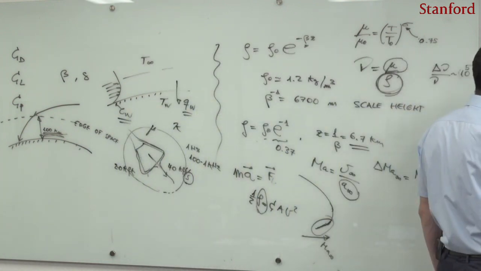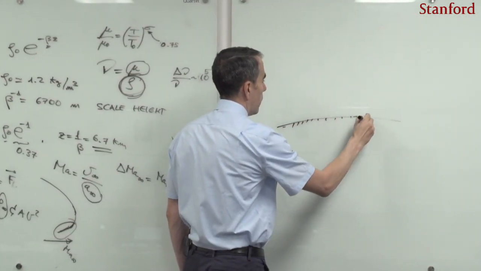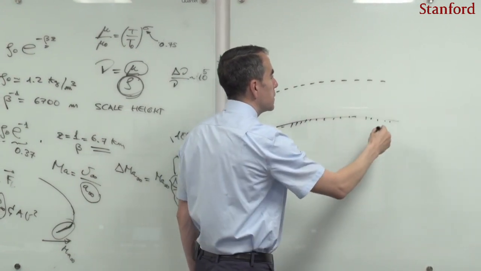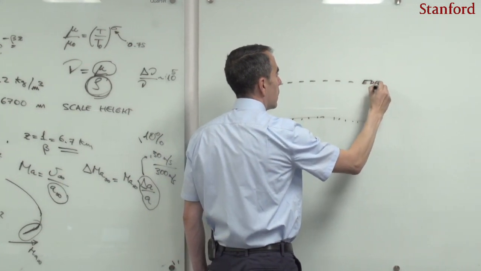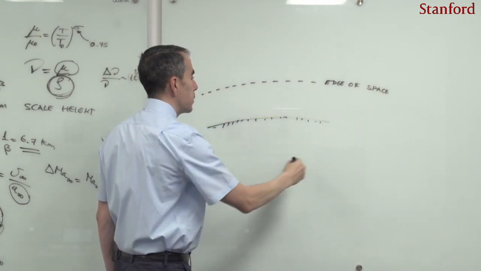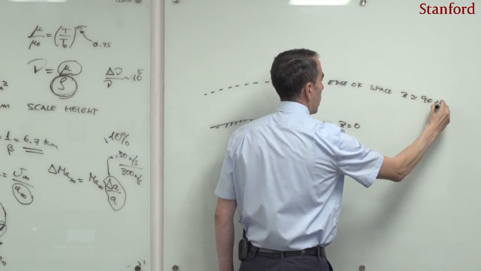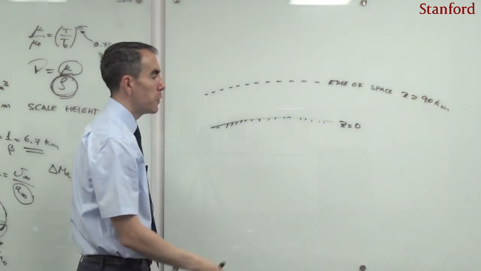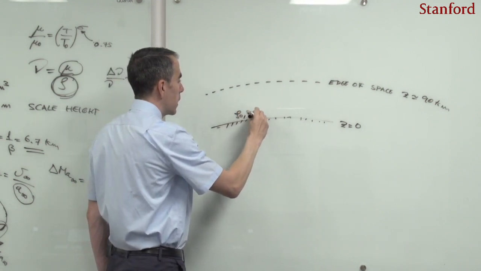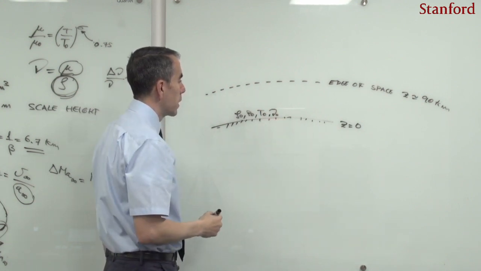So if we take here again the surface of a planet, and this is the edge of space. Let's say that on the surface of a planet, I'm going to have, for instance, a sea level density, sea level pressure, sea level temperature, a sea level kinematic viscosity.